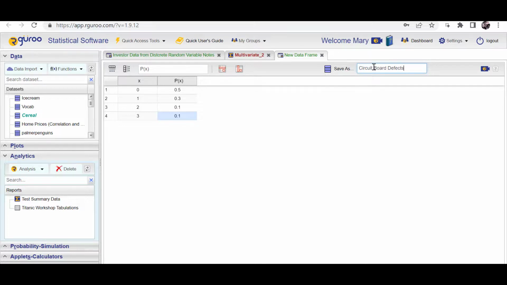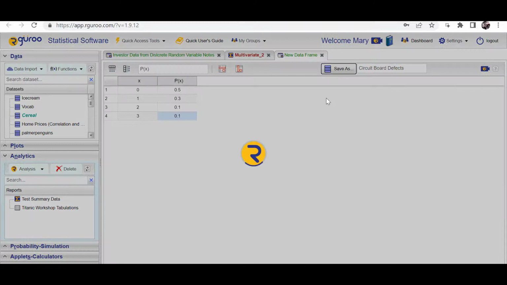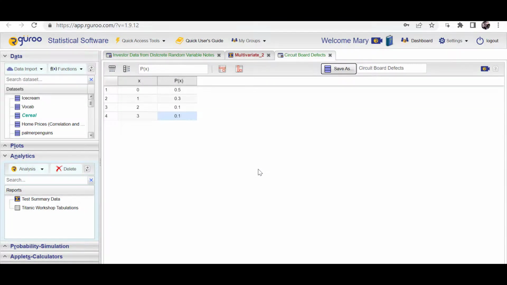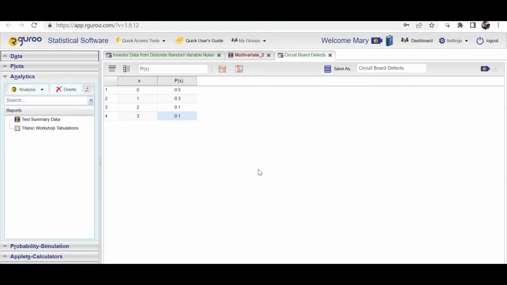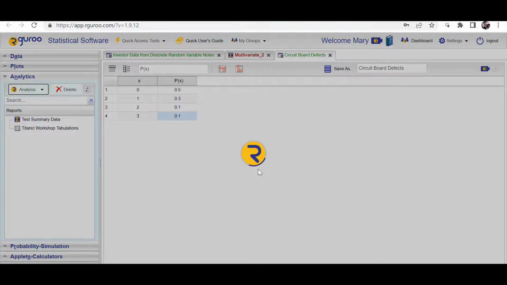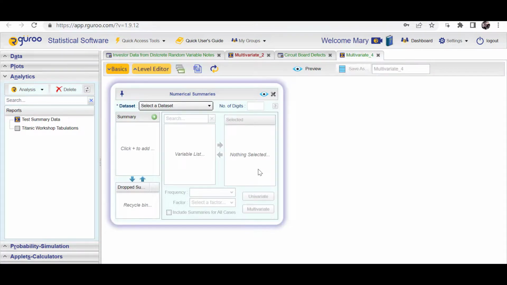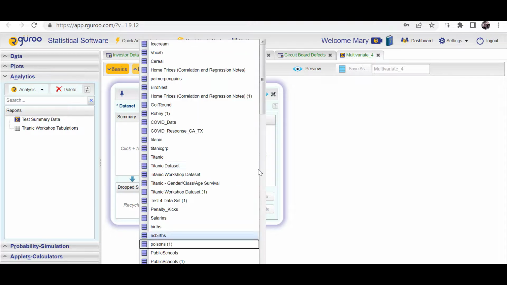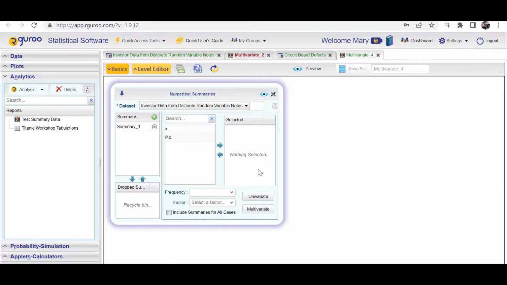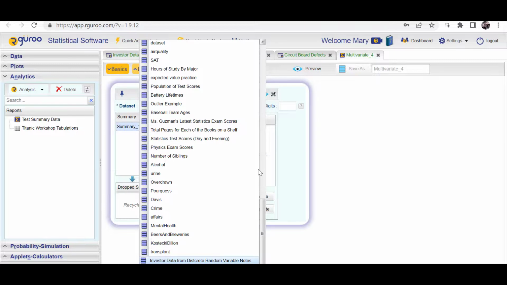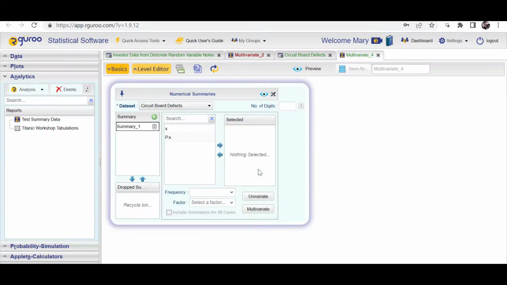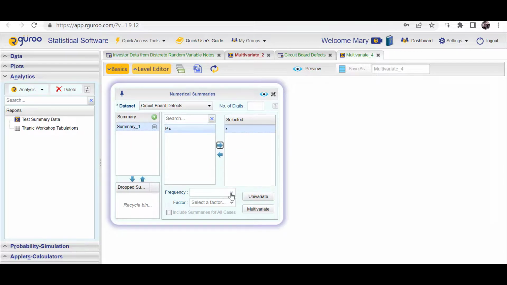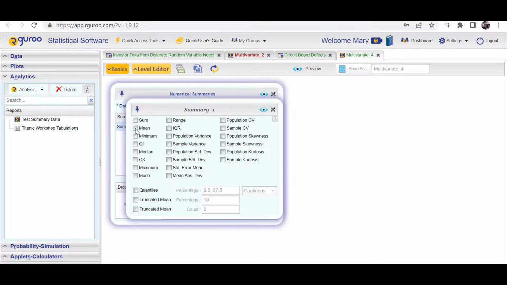Okay. All right, and then close that out and go to Analytics, choose Numerical Summaries, choose Data Set, which is circuit board defects, and then X or variable 1 goes into selected, P of X or variable 2 goes into frequency list, univariate, mean, population standard deviation.